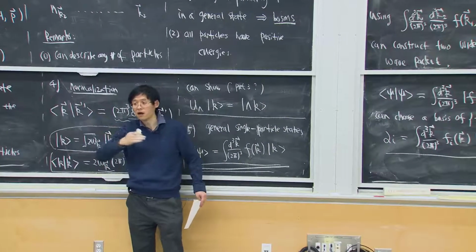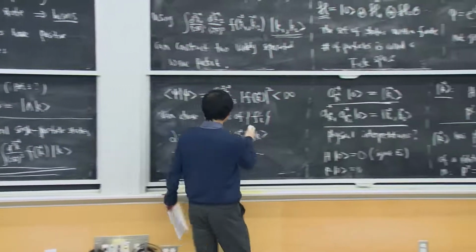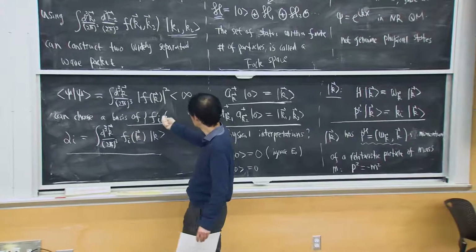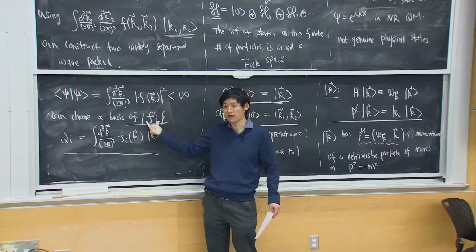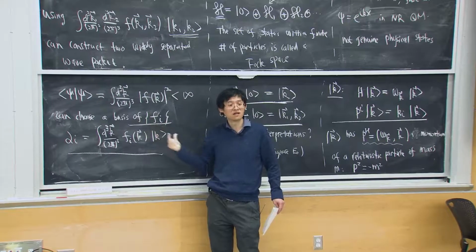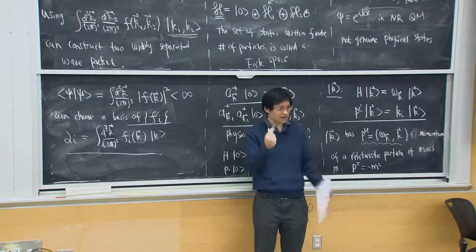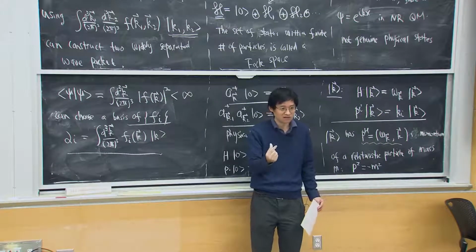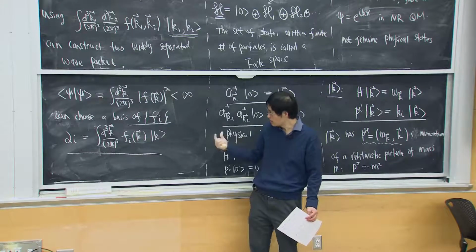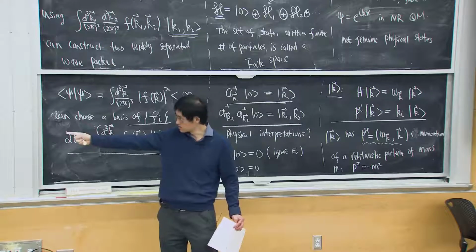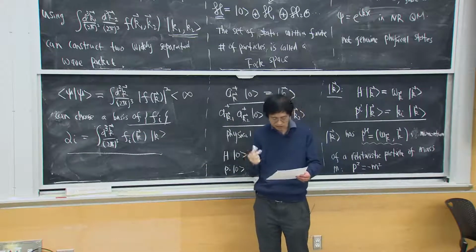But once you impose this normalizable condition, meaning you need to choose the normalizable f, you can show the basis of this normalizable f actually is countable. So in the end, the one-particle Hilbert space is actually generated by a countable basis, just like in your ordinary quantum mechanics, rather than an uncountable basis like in k. Once you restrict to normalizability, this is a fun mathematical fact.